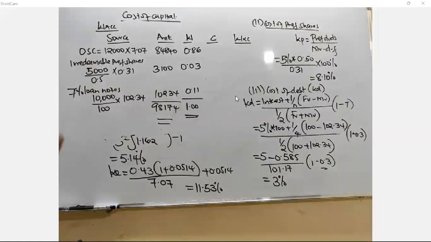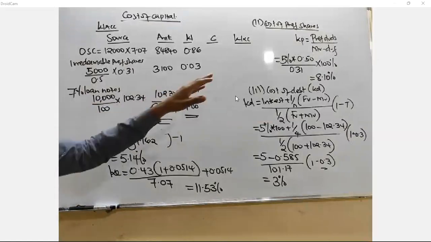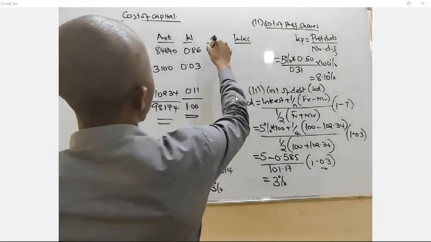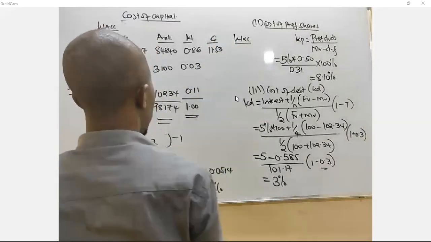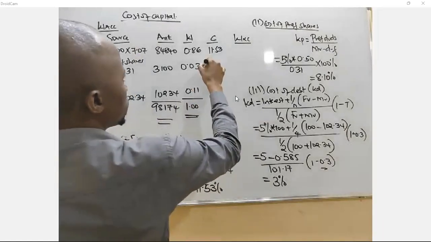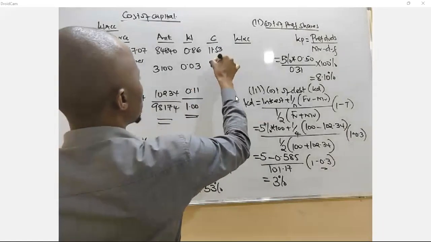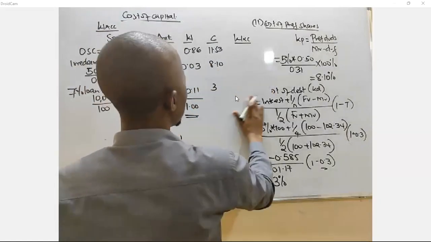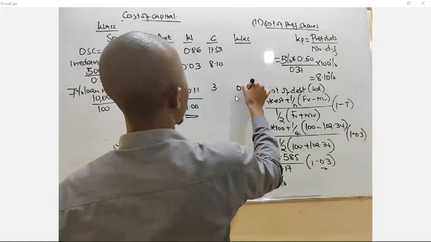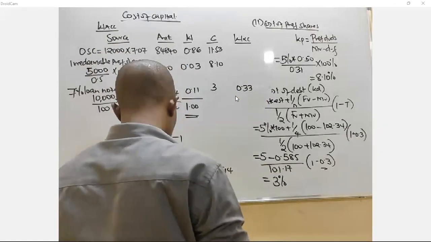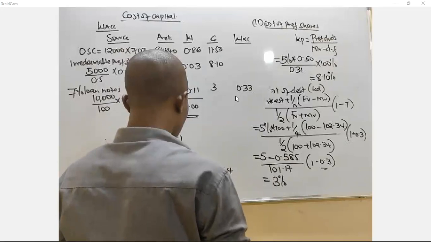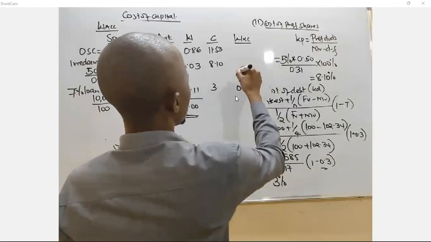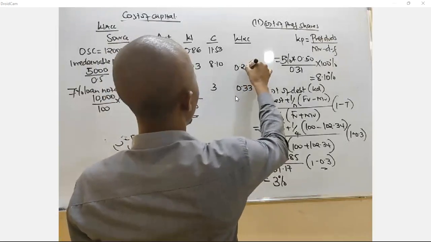Now, from there, we go to the costs. The costs we just copy the way they are. The first one is 11.53. The second one will be 8.10. Then the third one will be 0.33. So 0.03 times 8.10, we are getting 0.243.